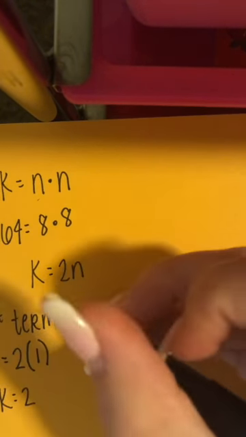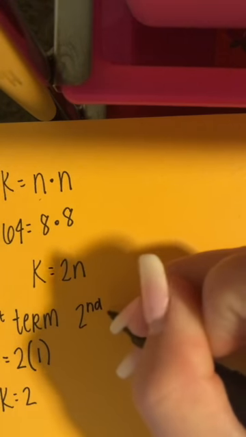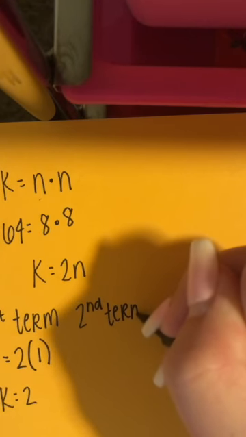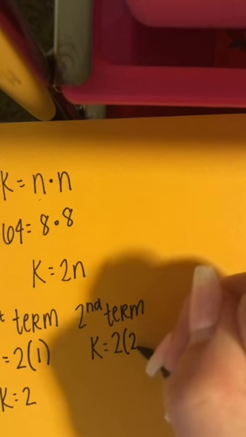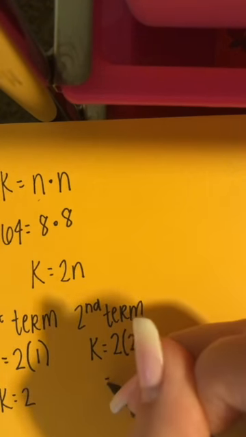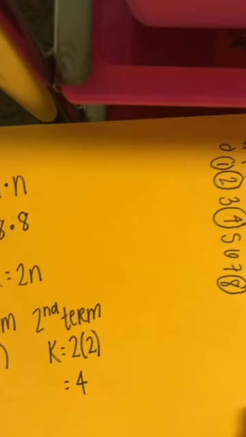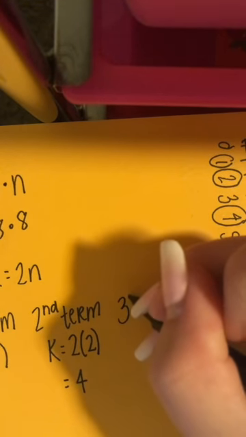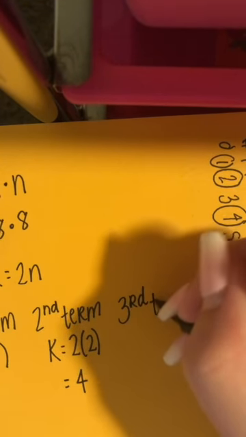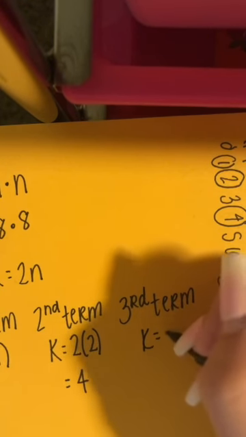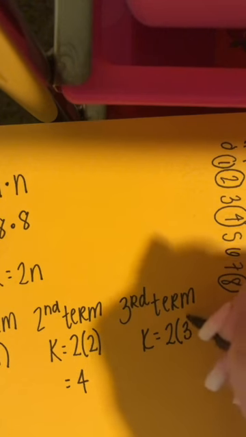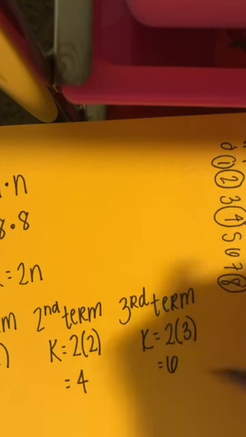For the second term, we're going to do the same thing. We will write out our rule, k equals 2, fill in a 2 here, and this equals 4. For our third term, we are going to write k equals 2, and then we'll fill in a 3, equals 6.